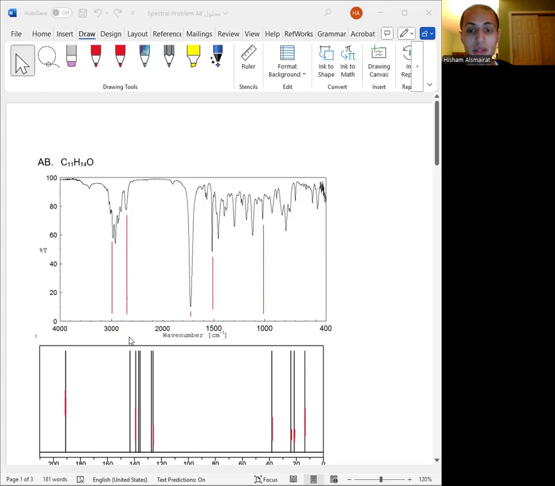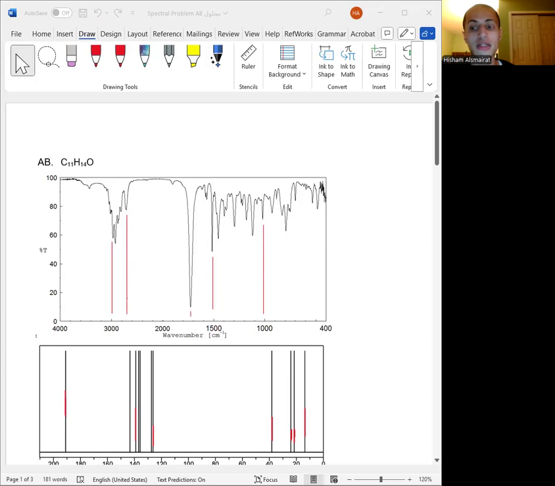Over here, we have weak bands, as we see, just below 2800, which is characteristic of the CHO combination bands. So I recorded 2760 and labeled it as aldehyde CH single bond.